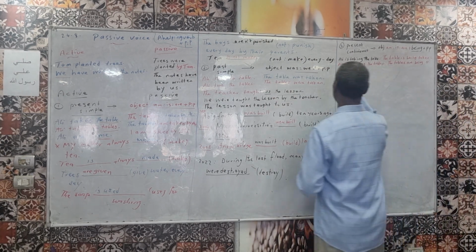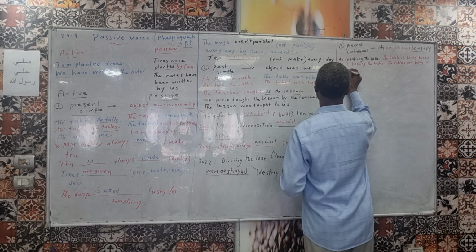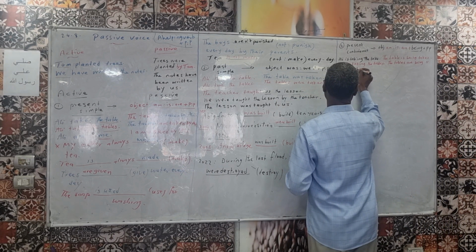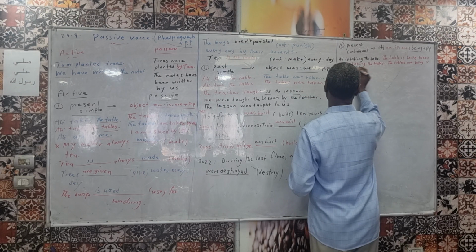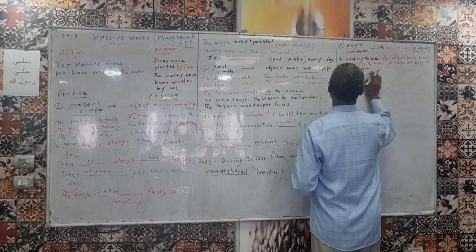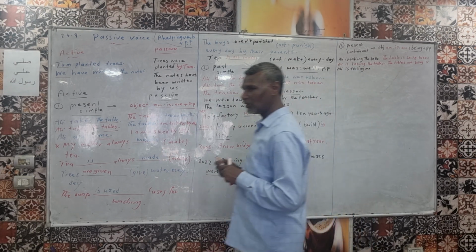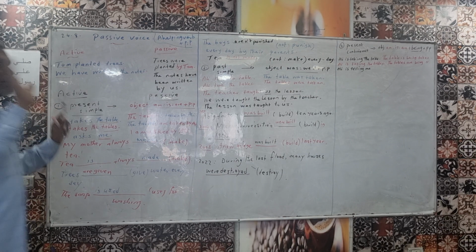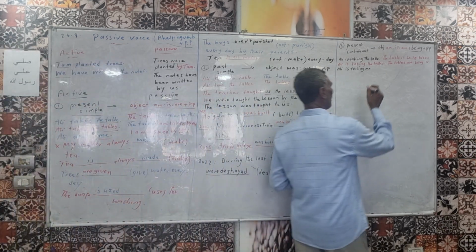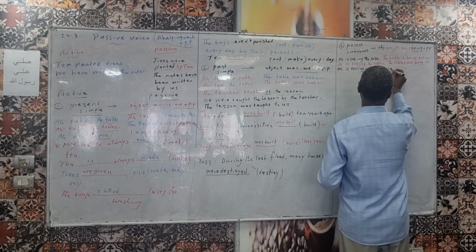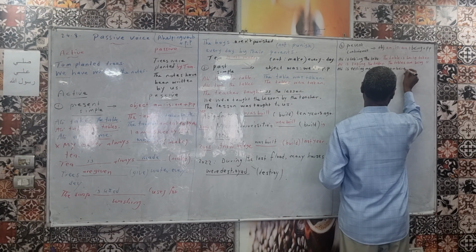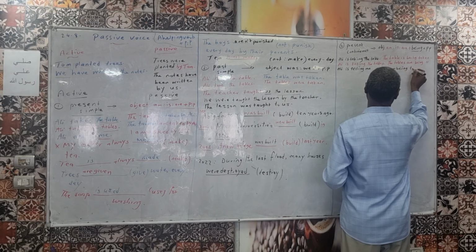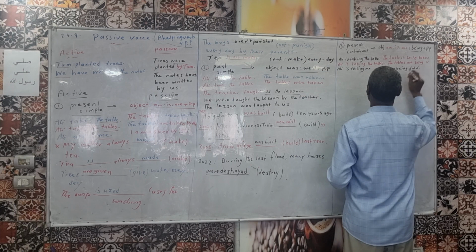Ali is telling me. We can say Ali is telling me the story, with two objects. We say I am being told by Ali.